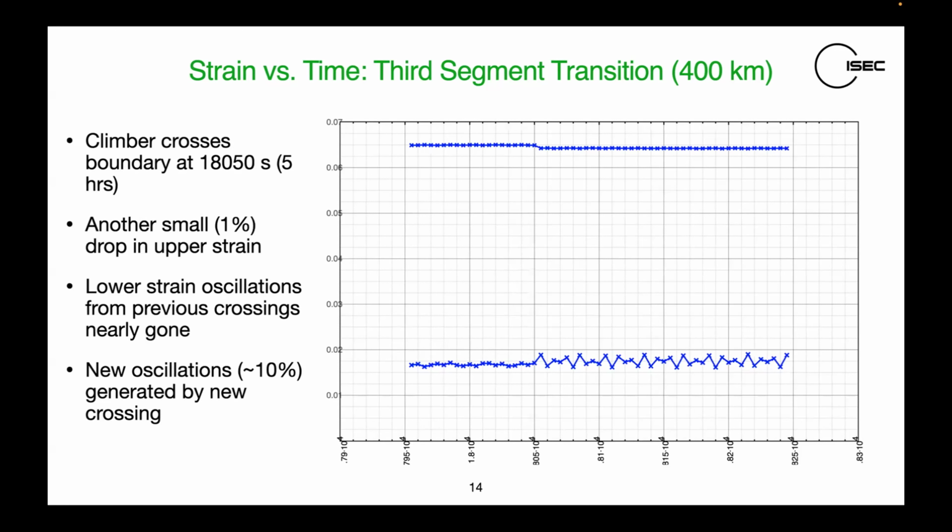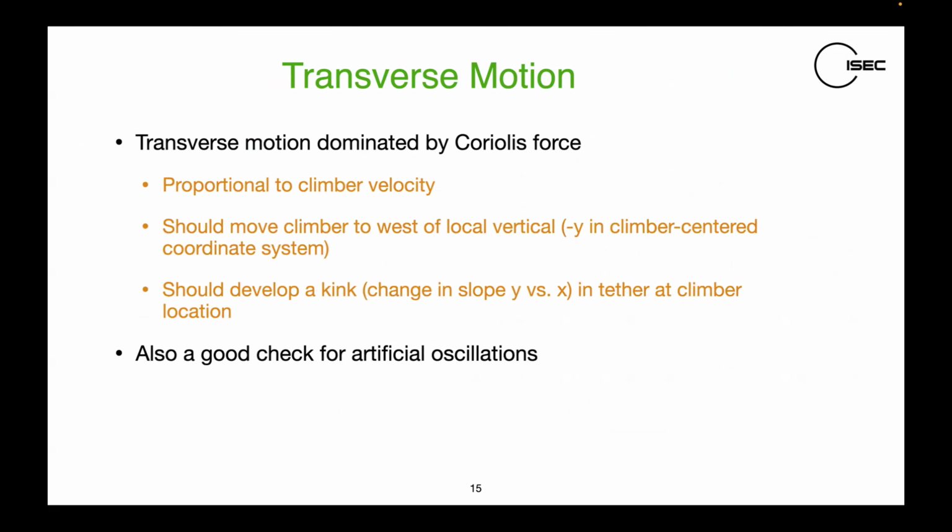Now, the transverse motion. So up to now we've been talking about the longitudinal motion in the tether, how it stretches and compresses and so on. But because there is a Coriolis effect, we are going to be forcing the tether off to the west. So this would be negative y coordinate in my system here.